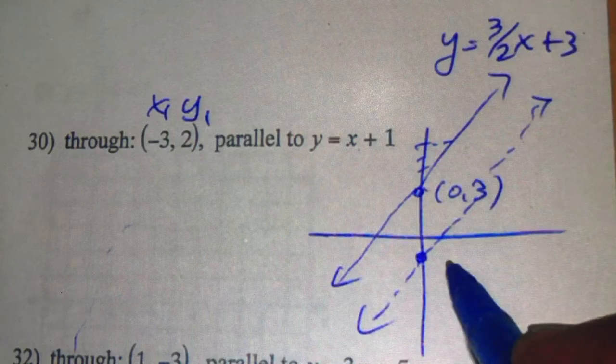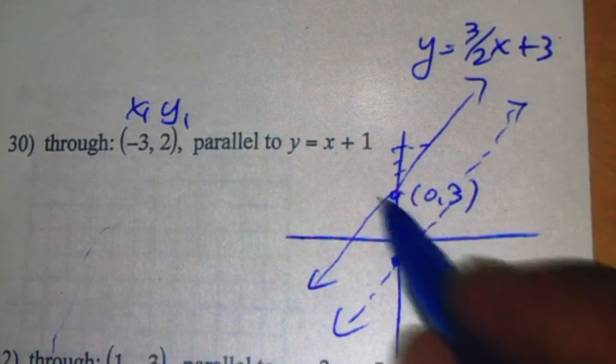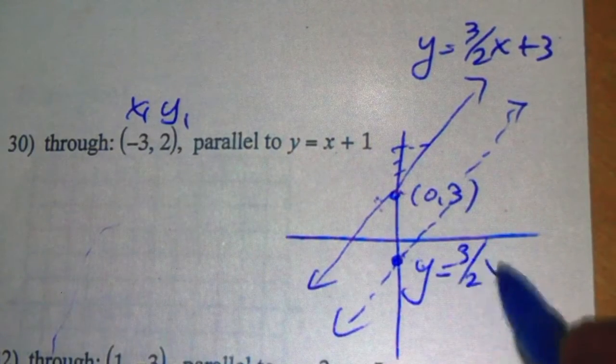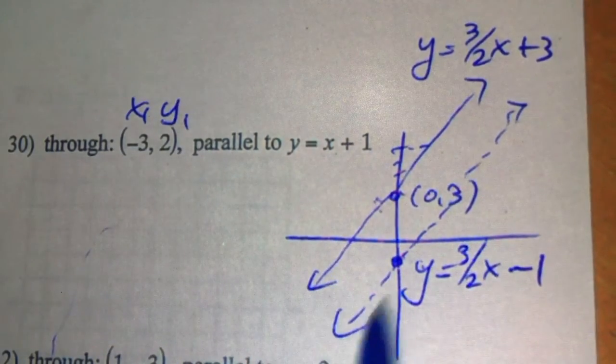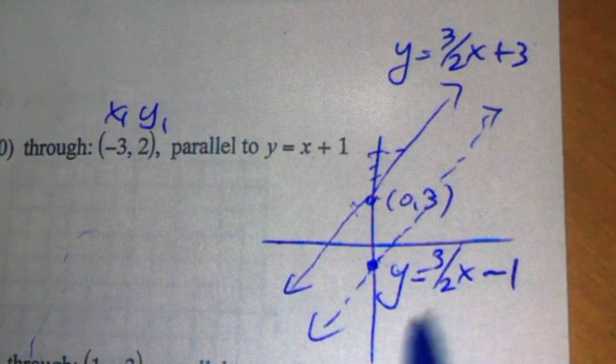So the slant of this is the same as the slant of that. In other words, the slopes are the same, so this line is going to be y equals 3 over 2 x minus 1. And that's the only difference between these two lines, the y-intercept is different. Other than that, the slopes are the same.